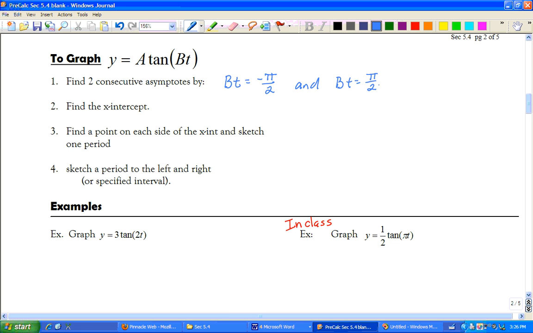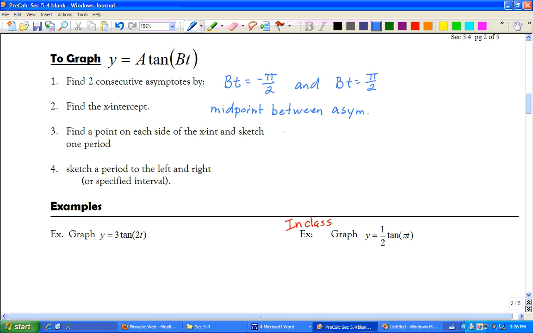Find the x-intercept. This is the midpoint between the asymptotes. And then we find a point on each side of the x-intercept and then sketch one period of our graph.